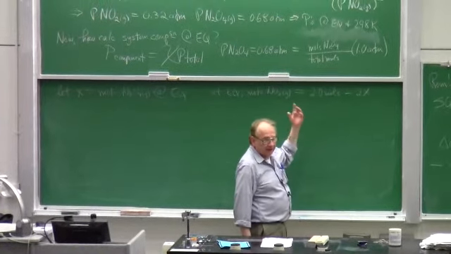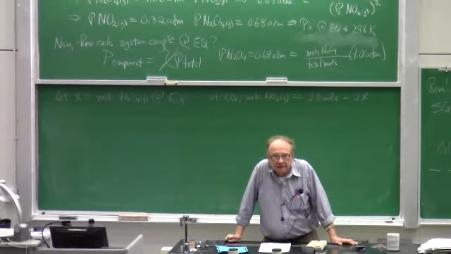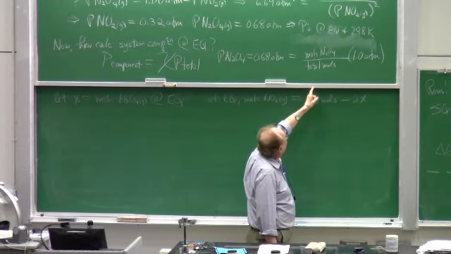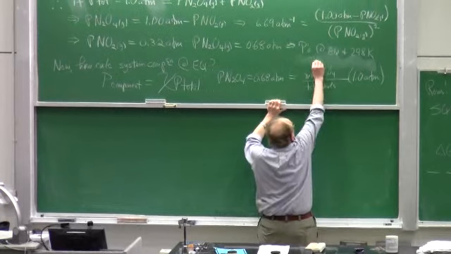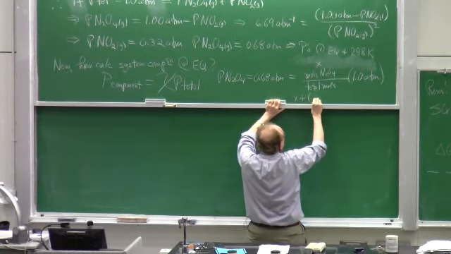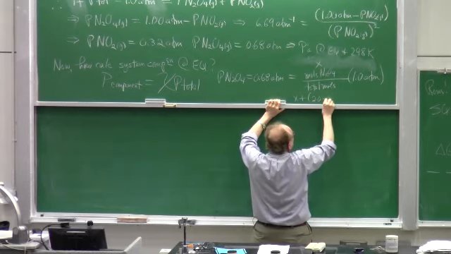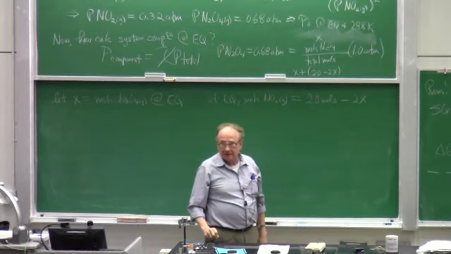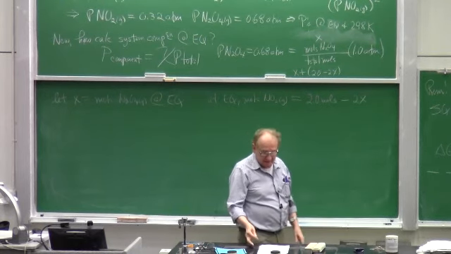So how many unknowns are we now going to wrestle with? Because here's my relationship. Up here I got X. Down here I got X plus 2.0 minus 2X. What unknown? We can solve this.